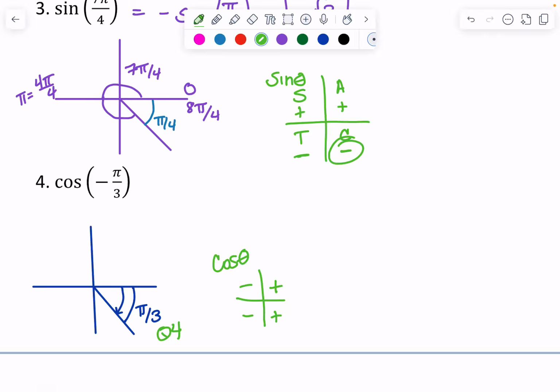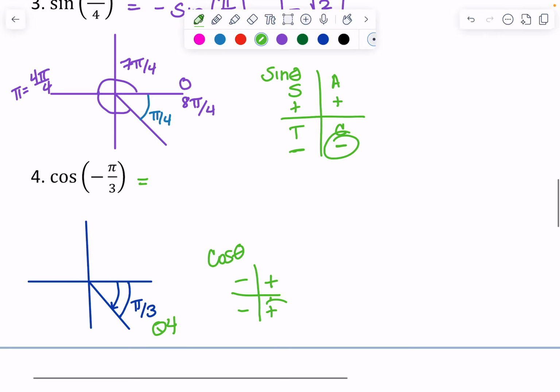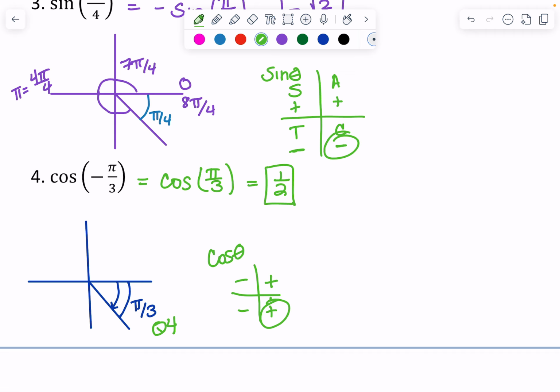So this is going to be equal to cosine of pi over 3. If you take a look at your unit circle, or whatever you drew out, what you should find is that you get 1/2 on that one.